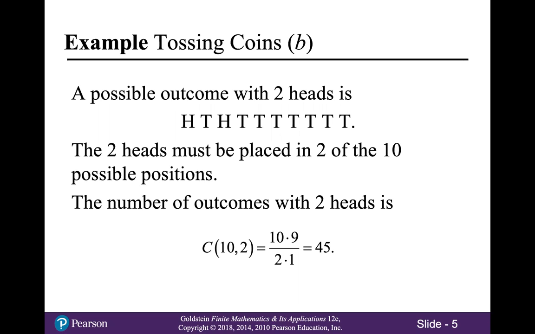Now, it might not be obvious to you, why are we using a combination here rather than a permutation? And the reason is, if you look at this particular outcome where the heads were in the first and third positions, having the heads in the first and third positions is exactly the same thing as having them in the third and first positions. So the ordering of those positions does not matter.